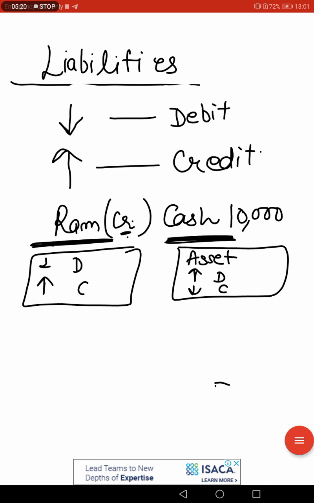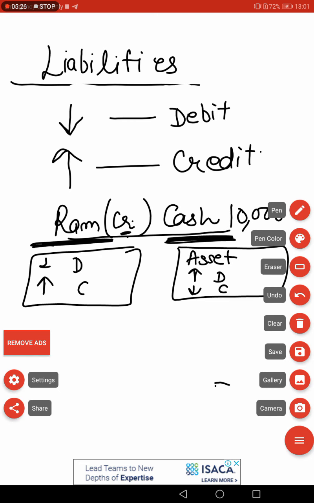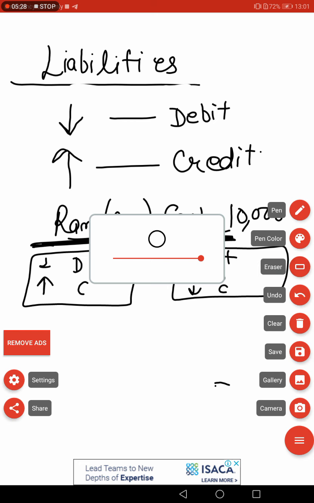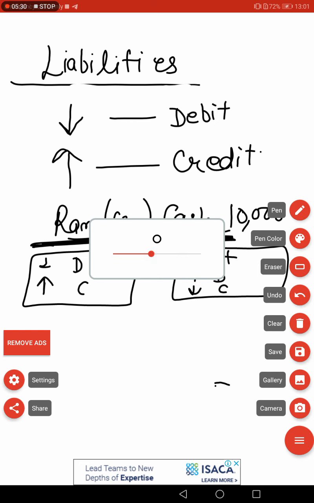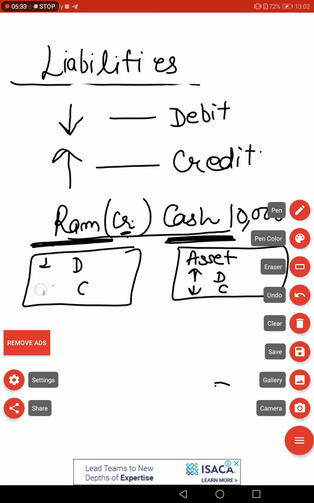Now in this case, when you make the payment to Ram, there will be decrease in the liability, right? As there is decrease in the liability, we will follow this rule: debit the Ram account. And there will be decrease in asset also, as you are making the payment.